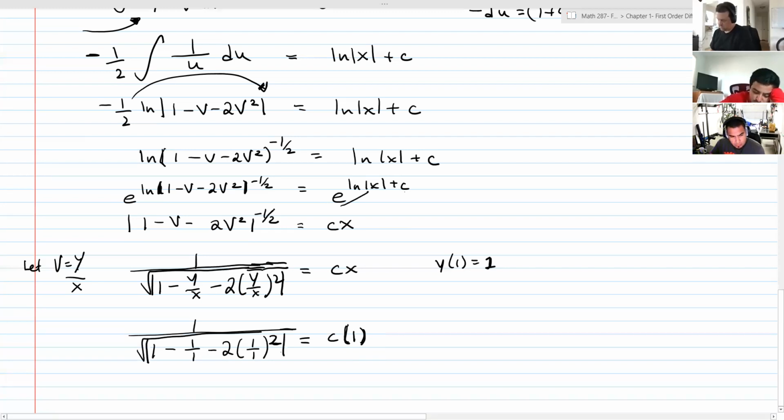There you go. Absolute value. So that means if you go through and simplify, you're going to get c equals 1 over root 2, which is just simply root 2 over 2.